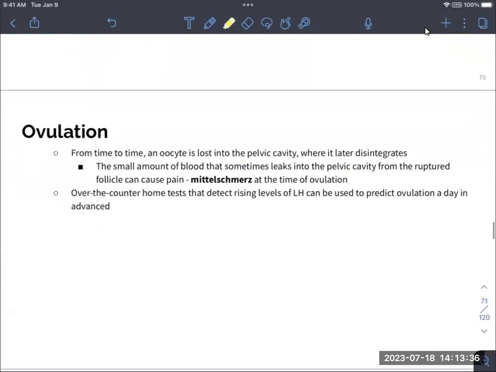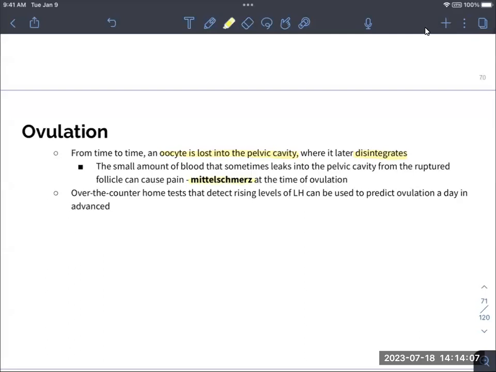So during this ovulation, once in a while, this oocyte will get lost into that pelvic cavity. It didn't get swept up into that uterine tube. It will disintegrate. Blood may leak into the pelvic cavity because of this follicle, and it can sometimes cause pain. Mittelschmerz.